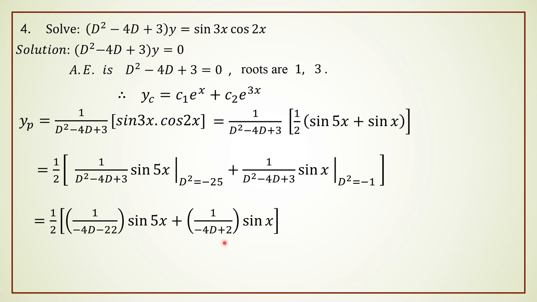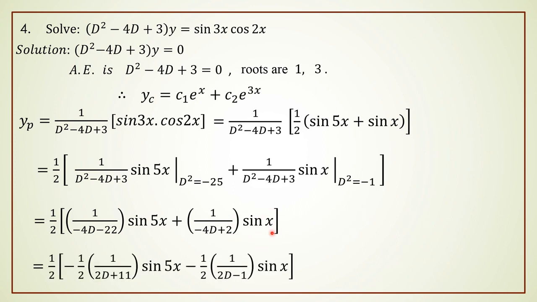So 1/(−4D + 2) acting on sin x. Now let me take −2 common from the denominator. So I have 1/(2D + 11) acting on sin 5x, and again in the second term I take −2 common, so that you have 1/(2D − 1) acting on sin x.